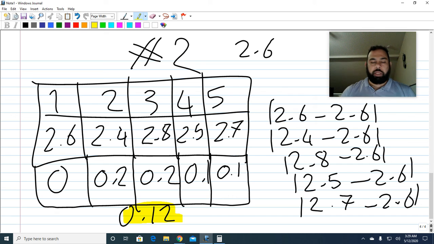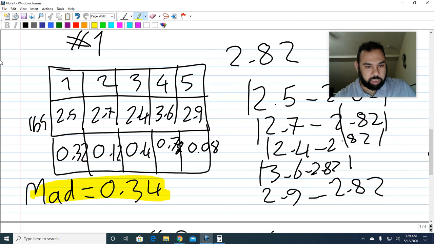So you're looking at 2.48 to 2.72, and that's correct. But in the other one, you're looking at a variability of 0.34 pounds. That's a bigger amount. Okay, that's just one simple example for MAD. I will make more examples, so stay tuned, and thank you very much.